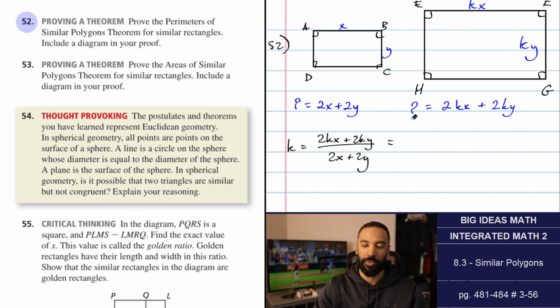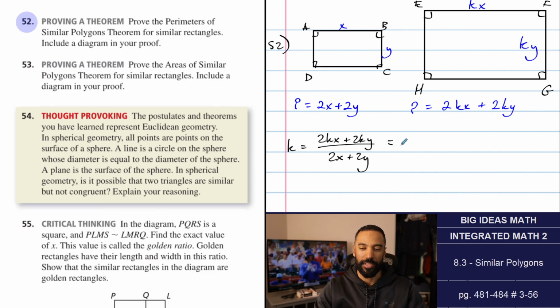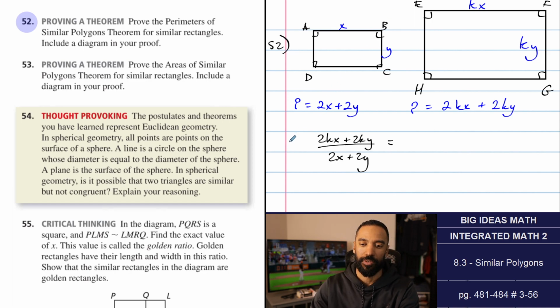I need to show that it's equal to k, because that's what k times x over x is, and k times y over y is. So, does it equal k? Actually, let me not write it as k. Let me write it as the perimeter ratio.